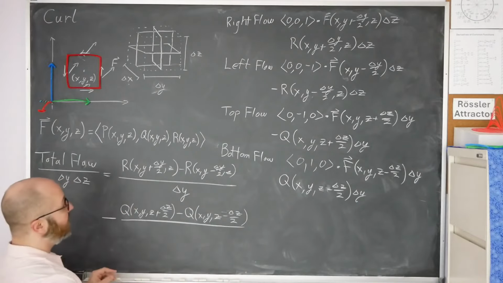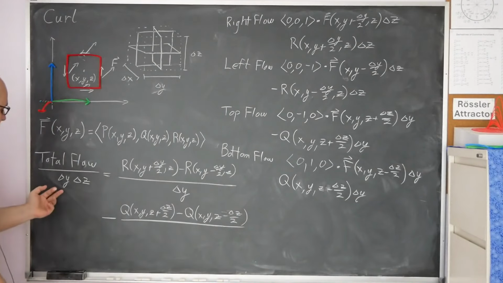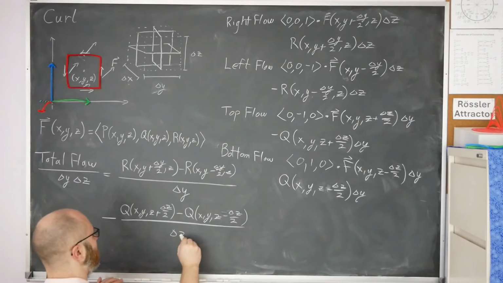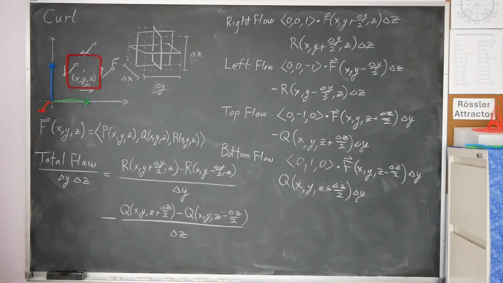Okay. And those are both multiplied by delta y, but I was dividing everything by delta y times delta z, so I end up with delta z on the bottom. They look like partial derivatives again.